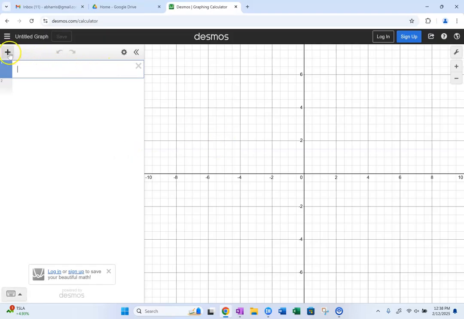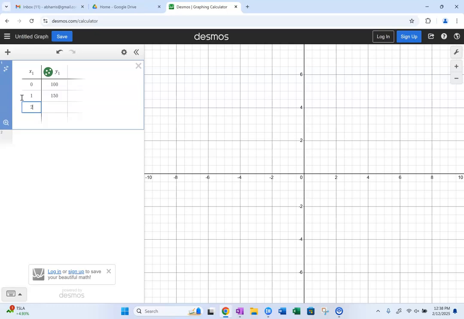And if you look up here, click on that plus right there on the upper left, and you can open up a table. And let's do company A. Company A in year 0 has 100 stores. In year 1, it had 150. In year 2, it had 200, and so on.